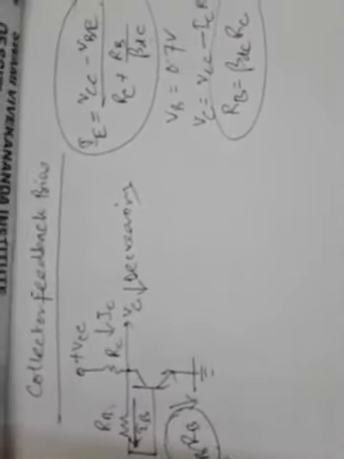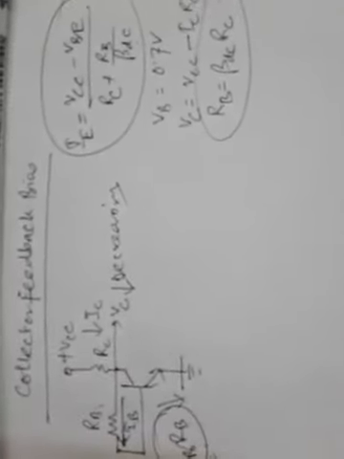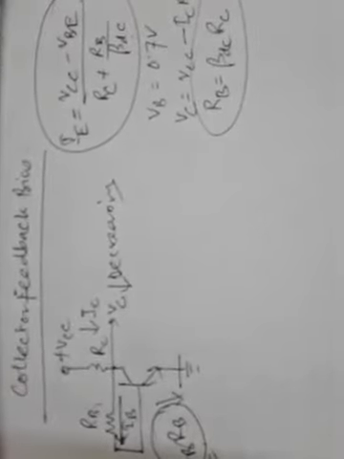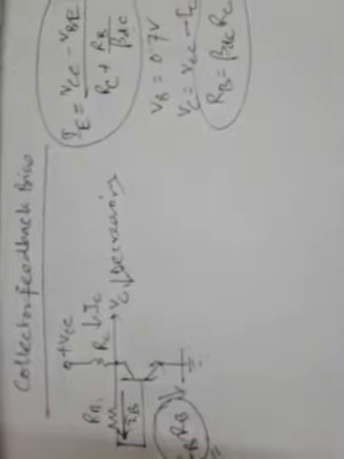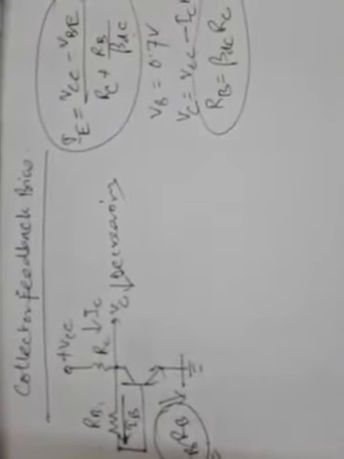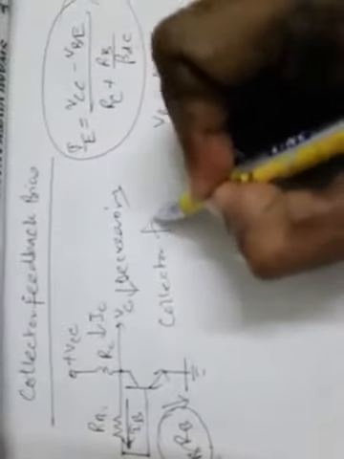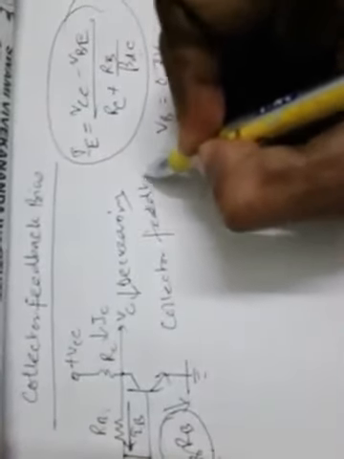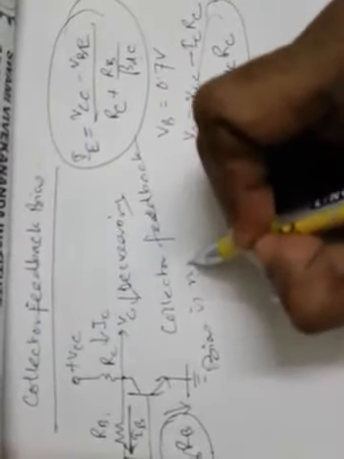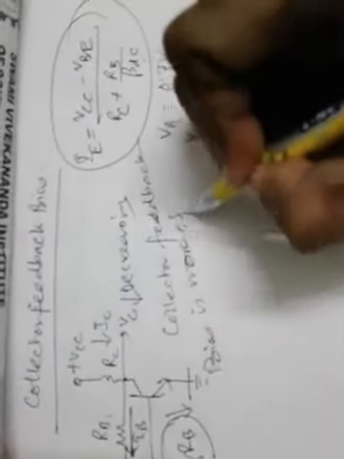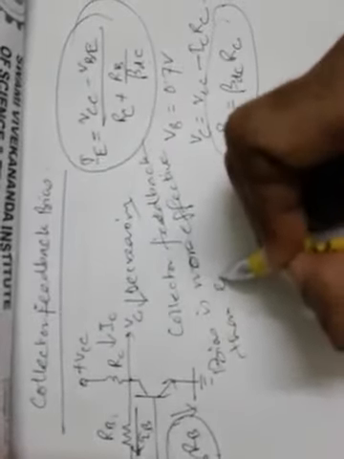Now if we compare the collector feedback bias with emitter feedback bias, we can see that collector feedback bias is more effective than emitter feedback bias in stabilizing the Q point.